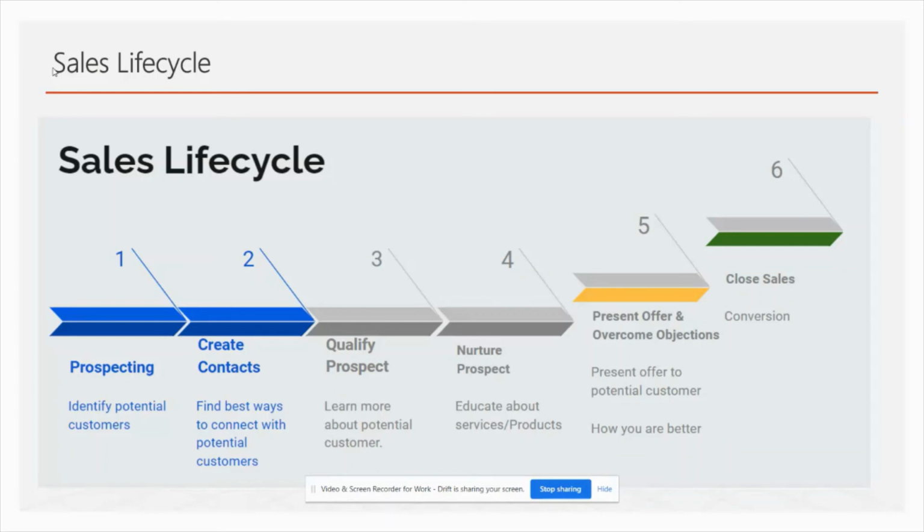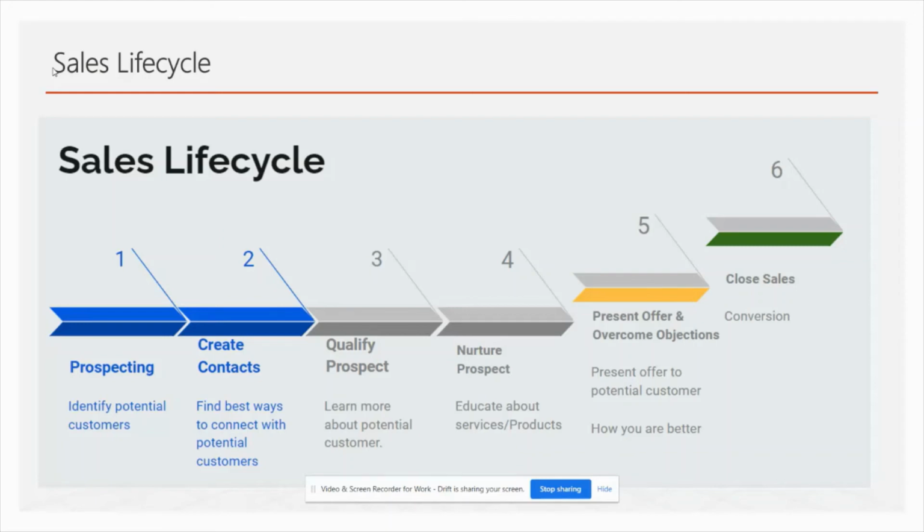Every lead goes through different phases to convert into a customer. So let's understand each and every phase in detail.